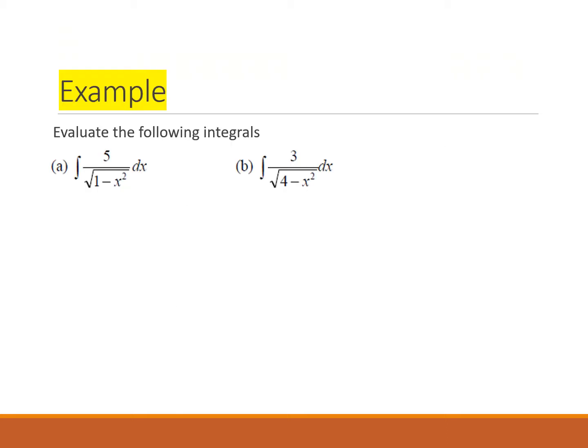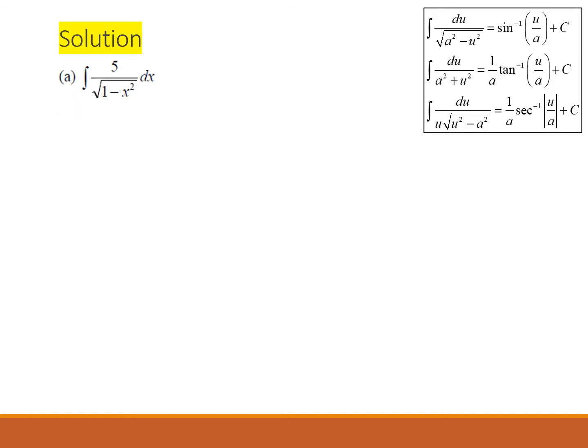Let us try these two examples. Evaluate the following integrals of a and b. Now let us try the first example. We have the integration of 5 over the square root of 1 minus x squared dx.